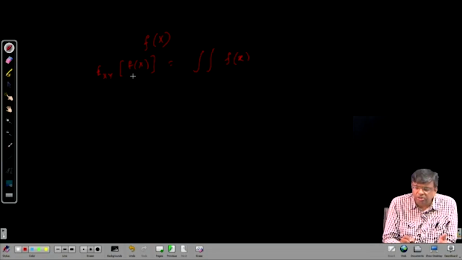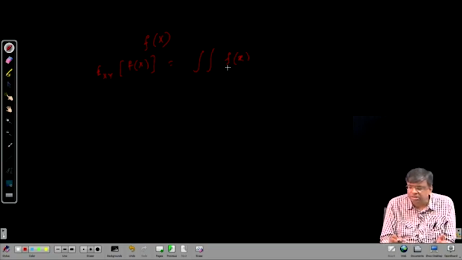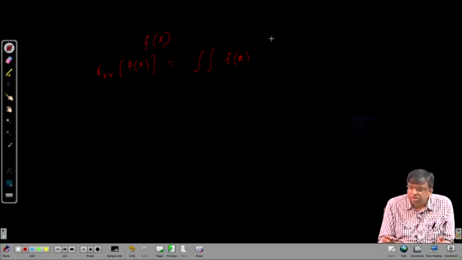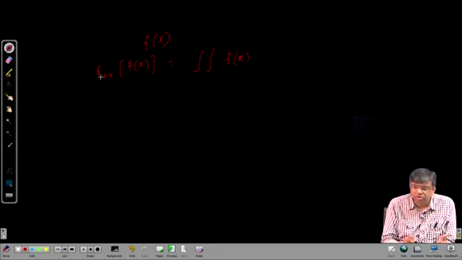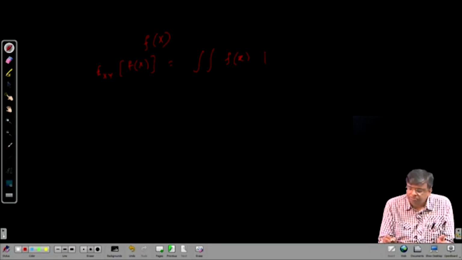Capital X was the general notation of the variable, random variable, but small x is the actual integration variable, the value on the axis, x axis at a point. So, this is to multiply it by the joint density, because expected value with respect to two variables, even if inside, right, this function is such that it depends only on capital X, does not matter. What is the average value with respect to capital X y? So, I have to multiply it by the joint density as before.